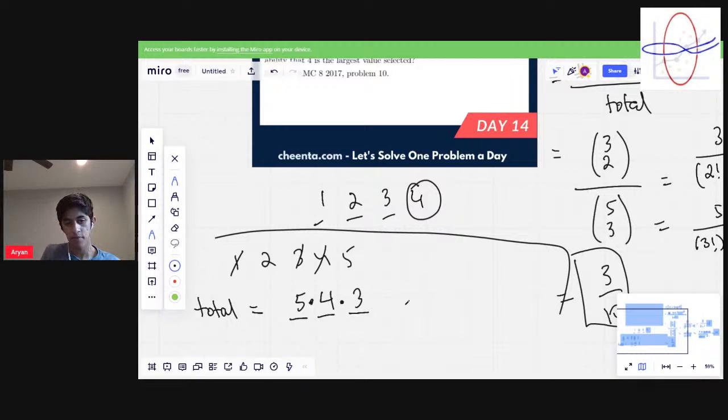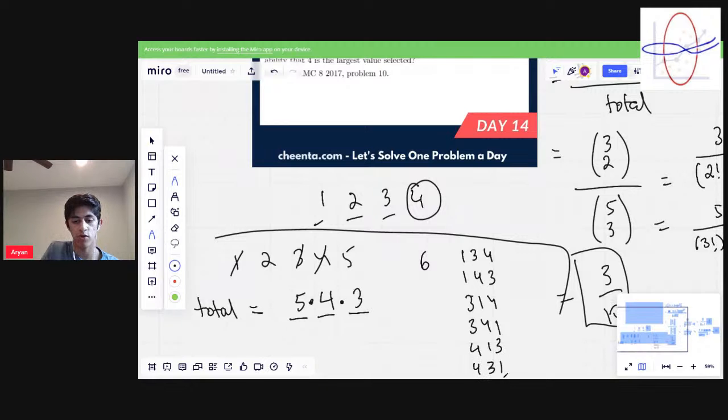But notice here that a 1, a 3, and a 4 is the same as a 1, a 4, and then a 3, which is also the same as a 3, a 1, and a 4. And so basically, there's 6 ways to arrange our 1, 3, and 4, right? If we quickly list it out, I have 1, 3, 4, 1, 4, 3, 3, 1, 4, 3, 4, 1, and then 4, 1, 3, 4, 3, 1.